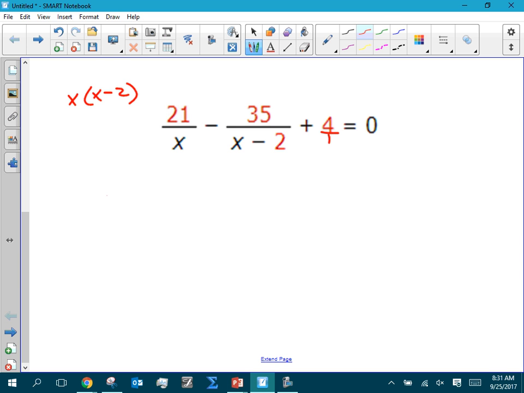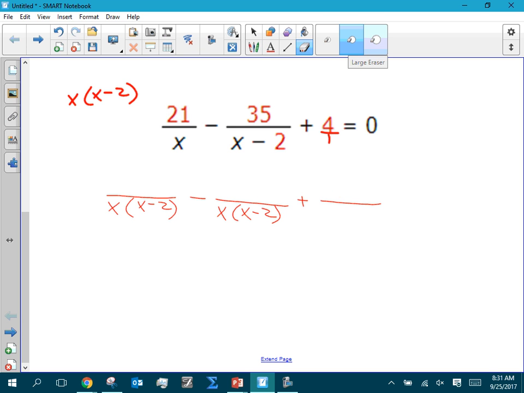What we need to realize is I am now trying to take this fraction of 21 over x and rewrite it so it has a denominator of x times x minus 2. Minus then, here, we're trying to make that denominator go to x times x minus 2. Now, this is probably something most people would not write as they're doing these problems.